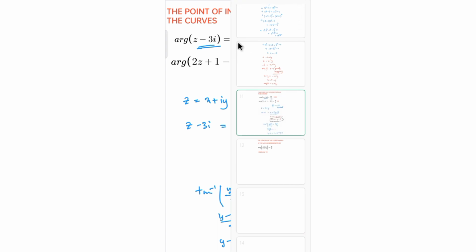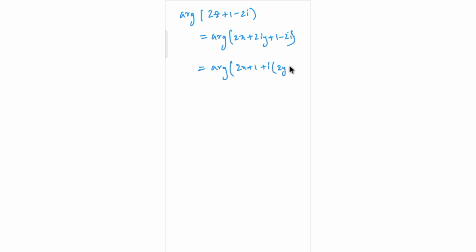And coming to the next page, the second part is argument of 2z plus 1 minus 2i. This is what is given. So we put z to be x plus iy. We get 2x plus 2iy plus 1 minus 2i, so argument of (2x plus 1) plus i(2y minus 2).